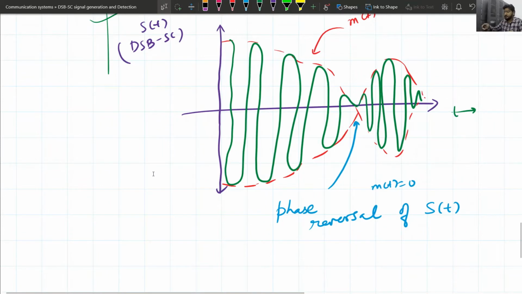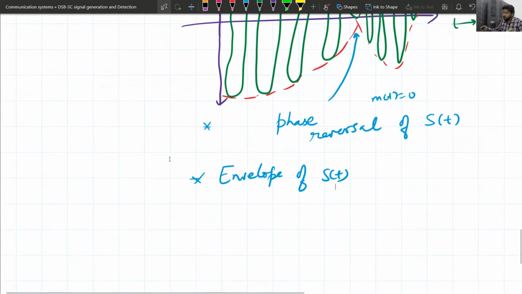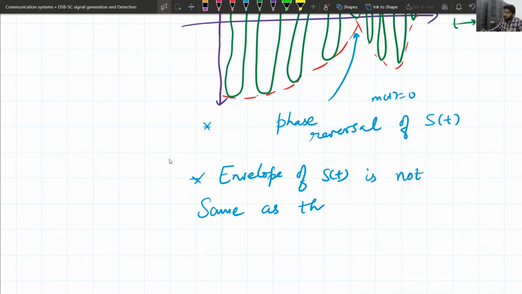Hence, since phase reversal is observed here, that means the envelope of s(t) is not the same as the message signal.